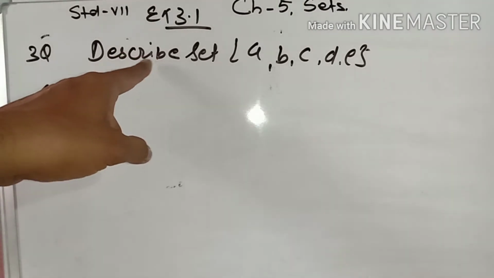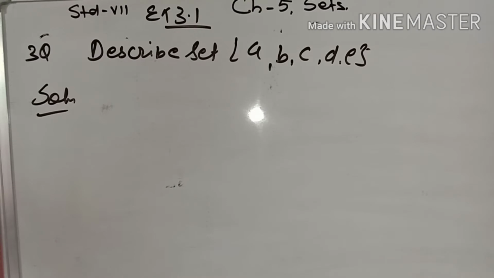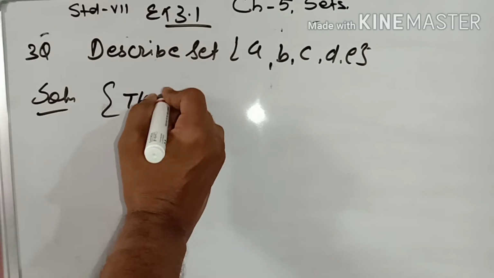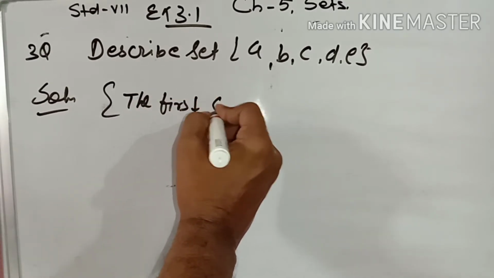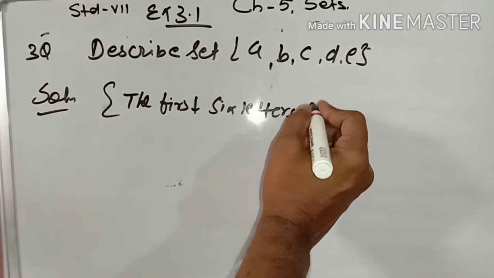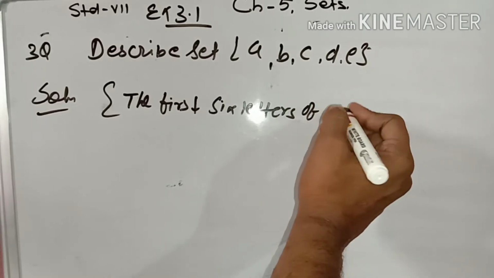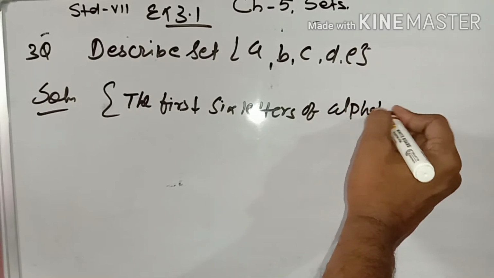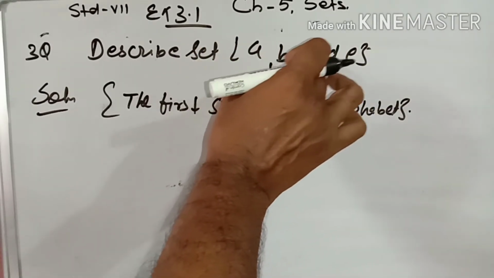Number 3, it is given: describe set A, B, C, D, E. So in the solution, I can write: the first 5 letters of the English alphabet, because A, B, C, D, E is 1, 2, 3, 4, 5.